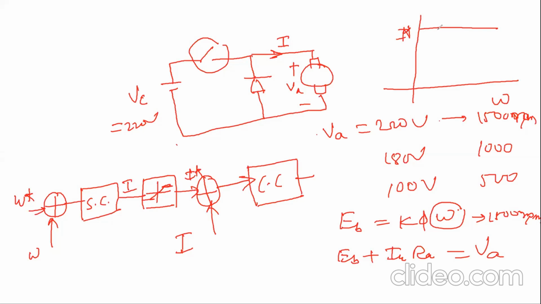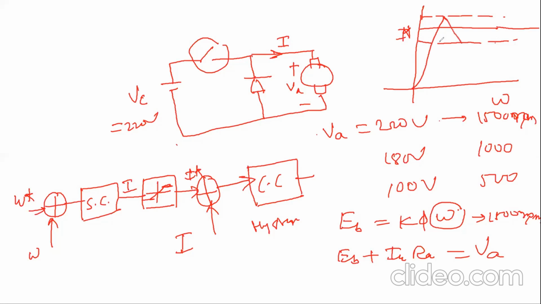So the current controller may be a hysteresis type. In hysteresis current control, it defines a band, an upper band and a lower band, and the current never goes beyond this band. Suppose the current flowing through the machine must be equal to I star. The current will increase, and when it reaches the upper band, the switch will be turned off, so the current will decrease.